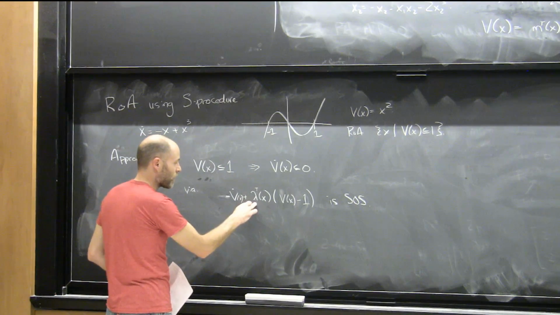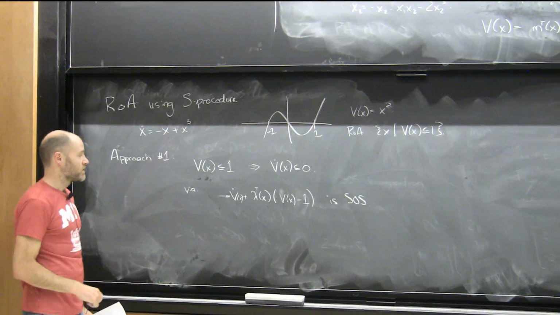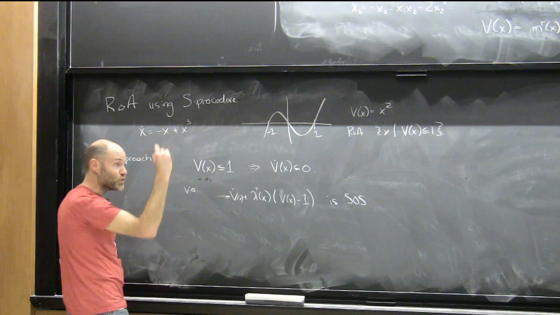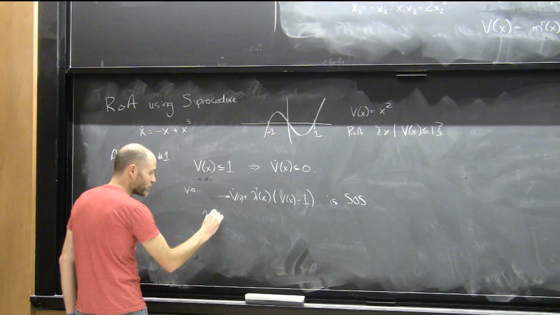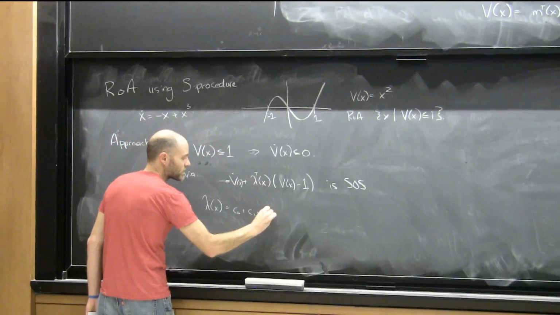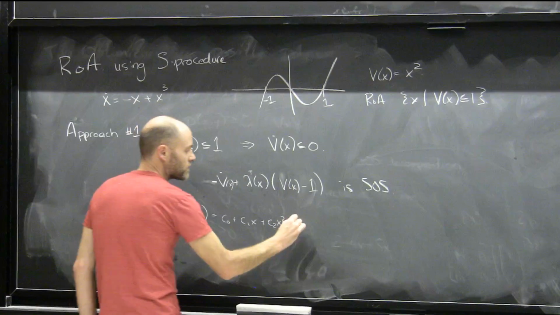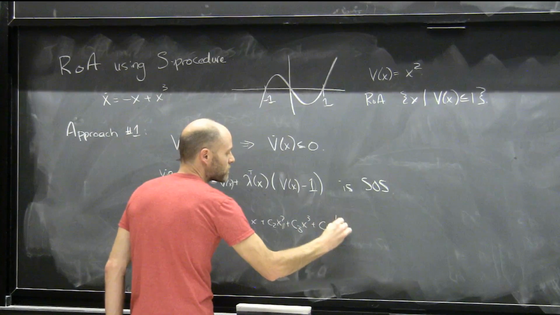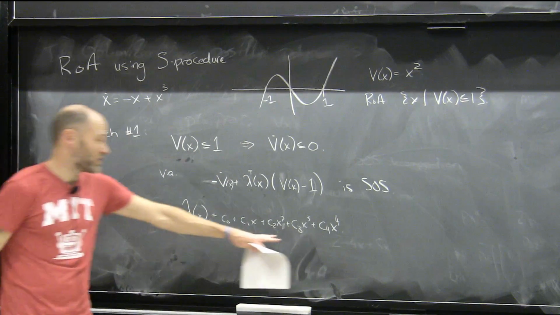If I can find, so what are the decision variables in this problem? In order to write this out, I'm going to make a new set of decision variables, which are lambda. I'm going to say lambda is a new polynomial, which is effectively c0 plus c1x plus c2 x squared plus c3 x cubed. I think you actually need fourth order in this formulation. I'm just going to make some new polynomial with free coefficients.